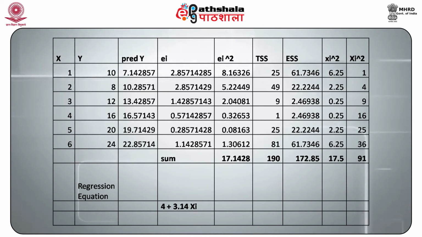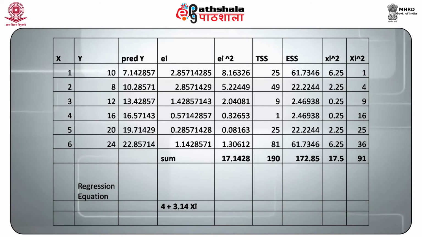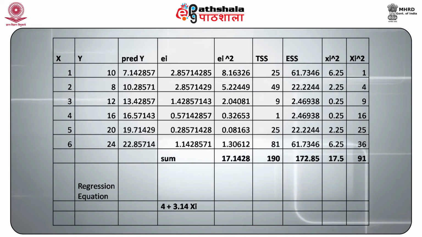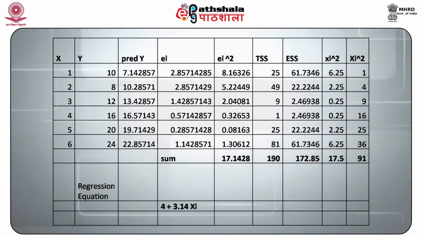Now similarly we have the explained sum of the squares, which could also be calculated as the difference between the total sum of the squares and the residual sum of the squares, and in this case the explained sum of the squares comes out to be 61.73, 22 point something and so on.